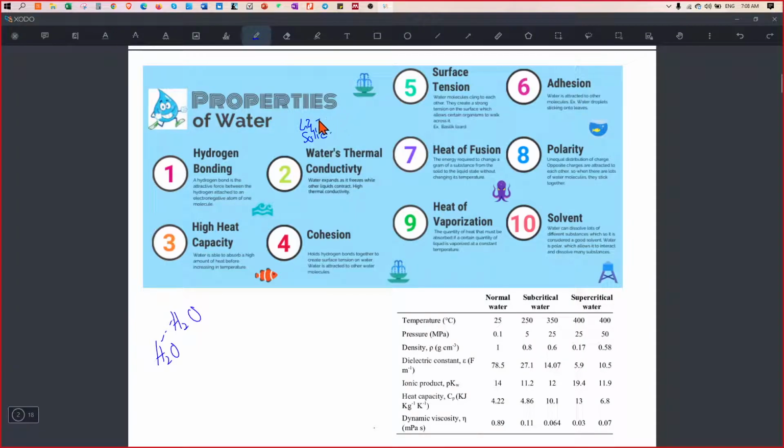When it freezes, the water will become solid, and due to the freezing, expansion of the molecule happens. So with these properties, the conduction of heat is very good.